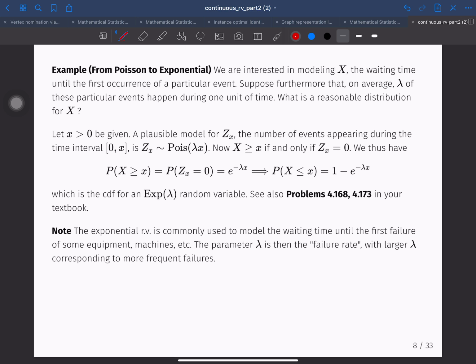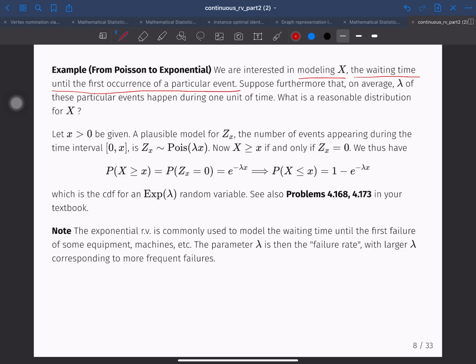So the nice thing about the exponential random variable is that it relates to the waiting time of a Poisson random variable. More specifically, suppose we consider the following case. We're interested in modeling X, which is the waiting time until the first occurrence of some particular event.